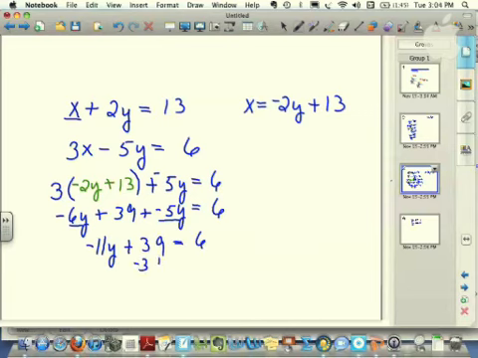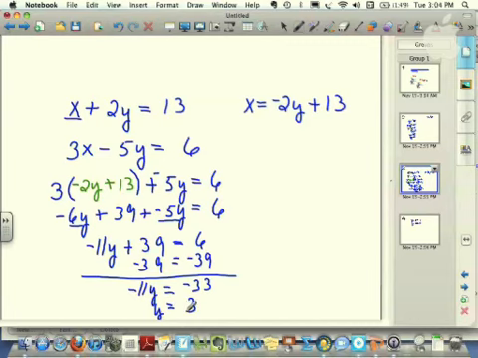Now I'll subtract 39 from both sides. And I get negative 11y equals a negative 39, and a positive 6 is a negative 33. If I divide both sides by negative 11, y is positive 3.